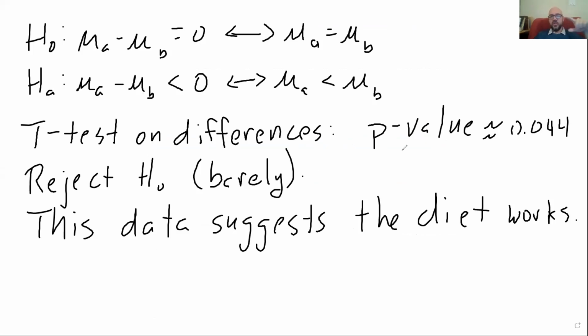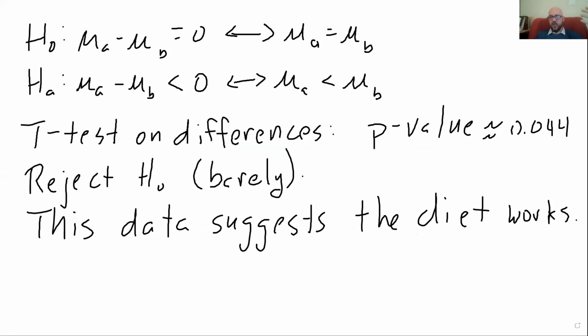But what I really should say is something like this. This data suggests the diet works, but the results were a little bit irregular, right? With this outlier in, we do get under the 5%, but it's not totally clear that this is really nice.